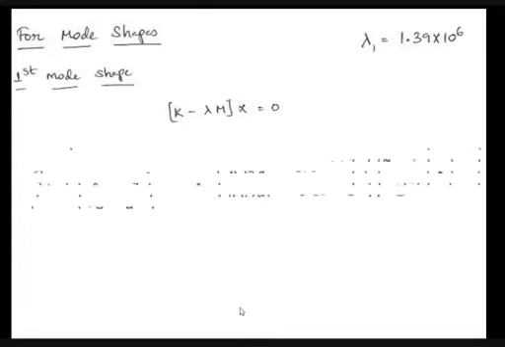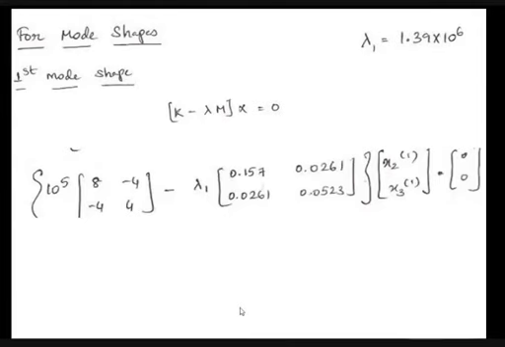I'll just substitute that: 10 to the power of 5 times [8, -4; -4, 4] minus lambda 1 times [0.157, 0.0261; 0.0261, 0.0523] into x2 of 1, x3 of 1 is equal to 0.